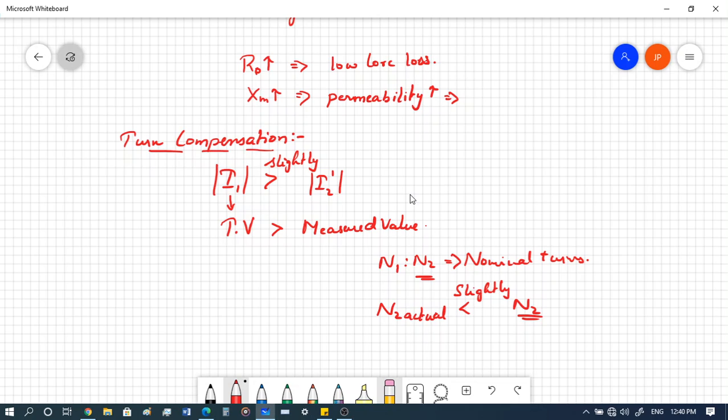Here we can see I1 N1 is equal to I2 N2. If we reduce the number of turns in N2, you will get I2 slightly higher than the actual value. So that is how we compensate this particular error that is there due to the current that is leaked as I0. We compensate this using the turns compensation method.